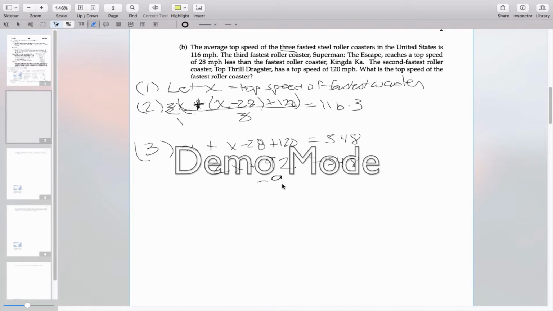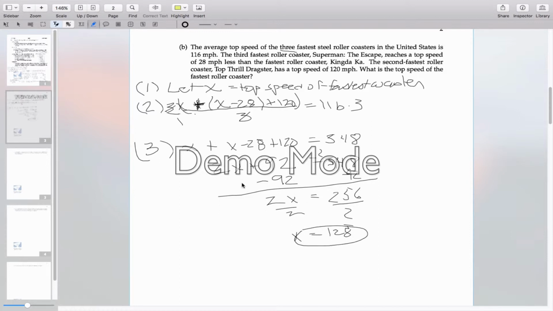And I'm going to subtract 92 from both sides. 348 minus 92 is 256, so 2x equals 256. Divide both sides by 2, x equals 128. Now I'm not done.